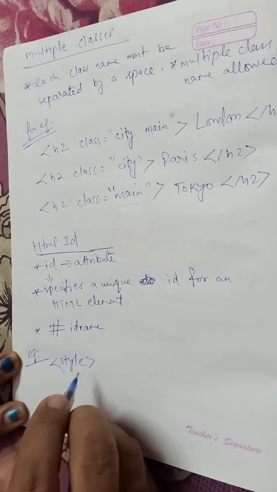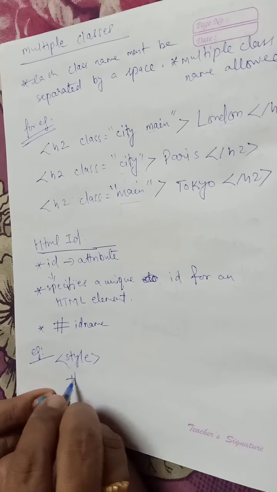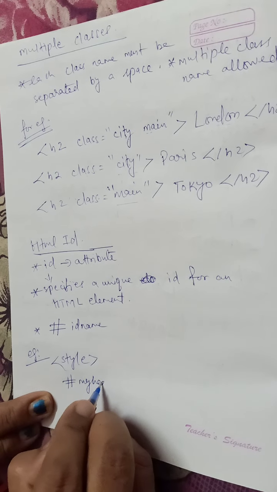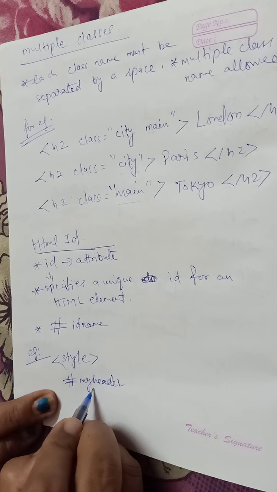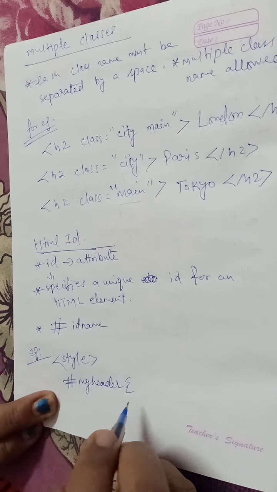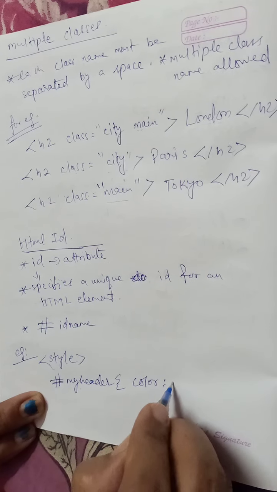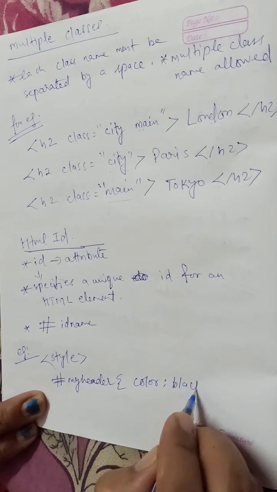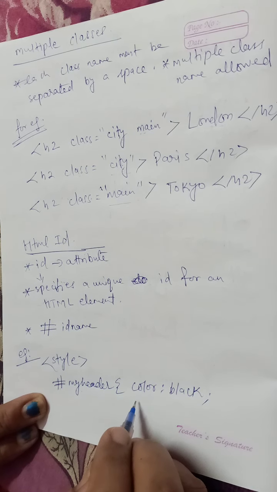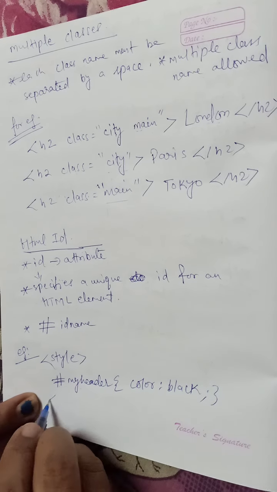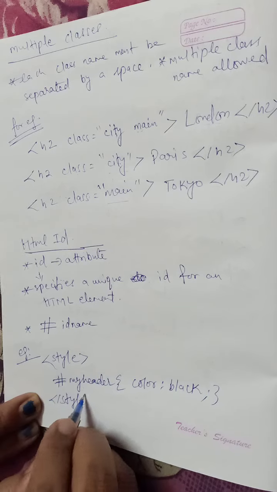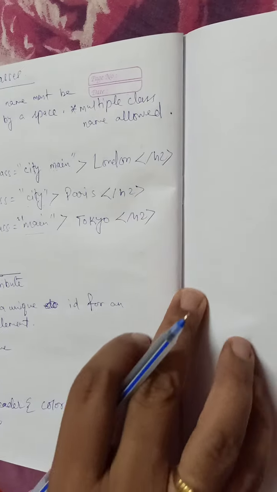This is also mentioned in the style tag. Suppose here I am writing hash followed by the ID name. Now suppose the color of the text is black, and this much I want. So I am ending the style tag.